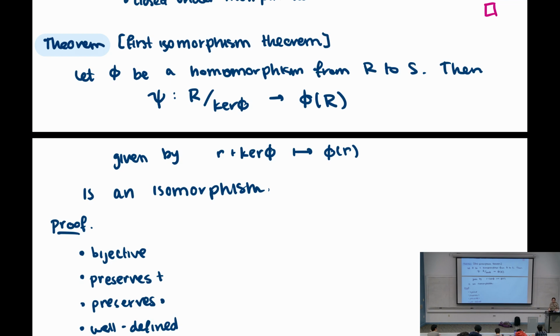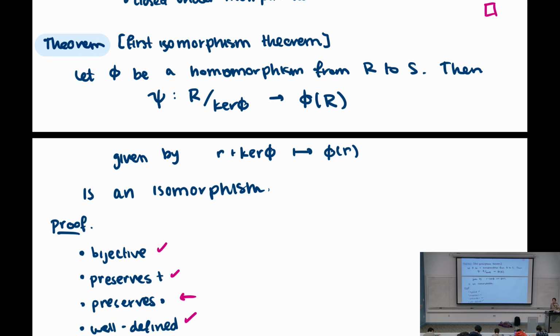So which of these four things do I already know are true, just from the first isomorphism theorem for groups? Yeah, okay. So we know all of these ones, and we just need to show the multiplication one.